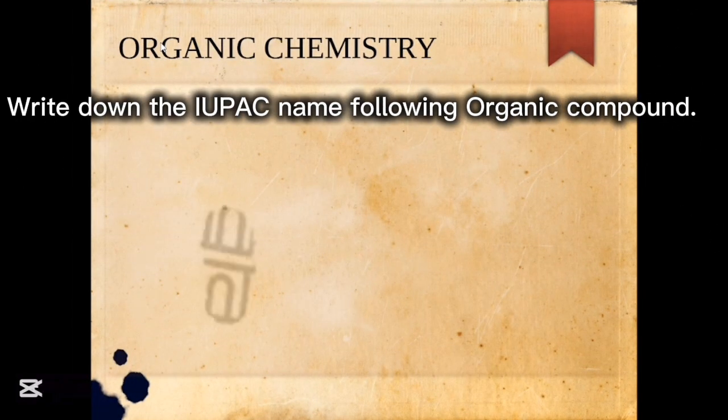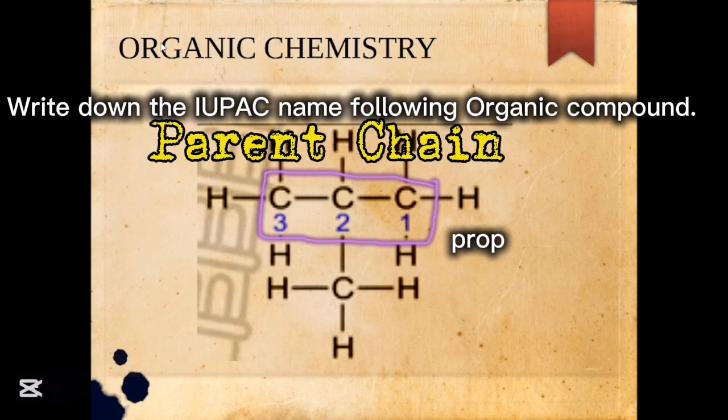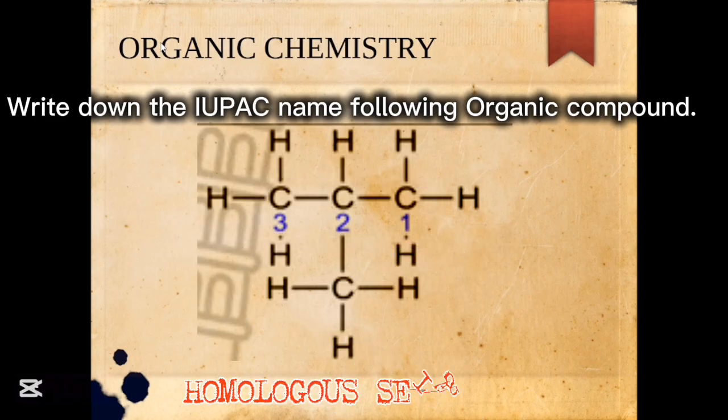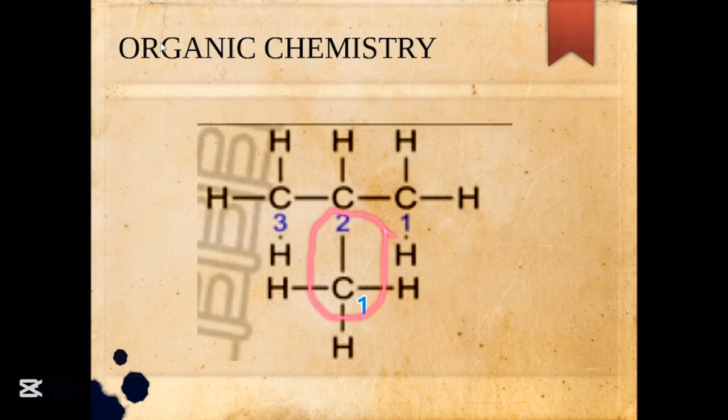So in this question, we're supposed to write down the IUPAC name of the following organic compound. We can see that the parent chain has 3 carbons, meaning it is prop. Hence, in this case, prop has 3 carbons. And then by looking at the homologous series of this organic compound, we can see that it is an alkane, in this case propane, since alkane has the suffix ane.